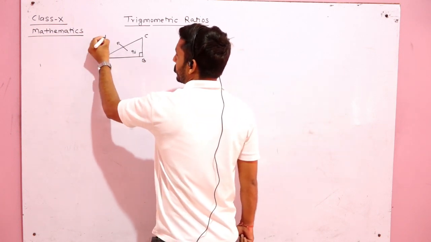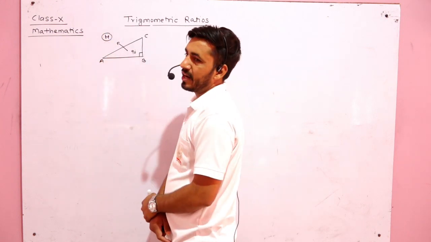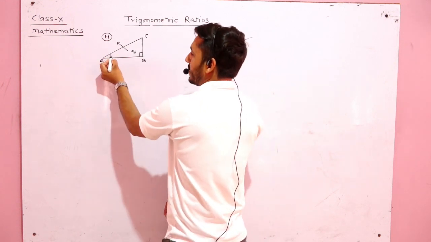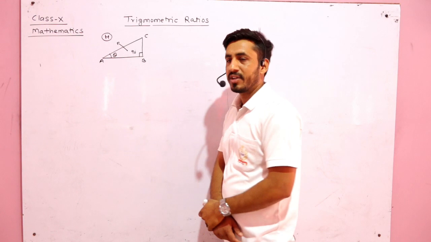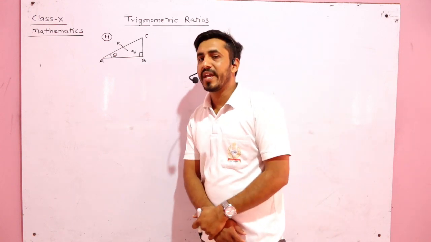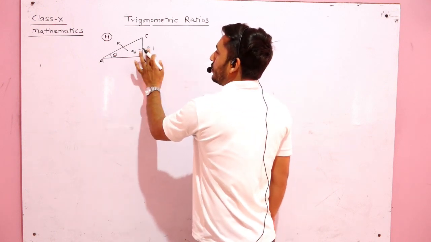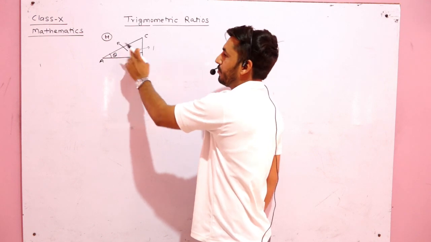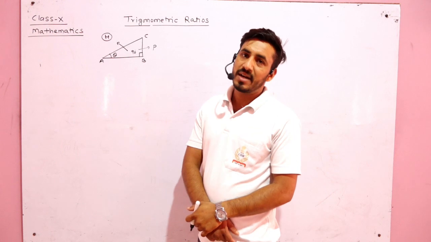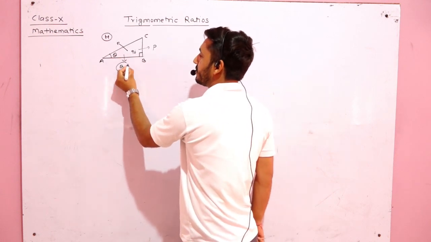If I am assuming that the angle theta is constructed at the point A, then the side in front of the angle theta is called perpendicular, and the remaining third side is called base.